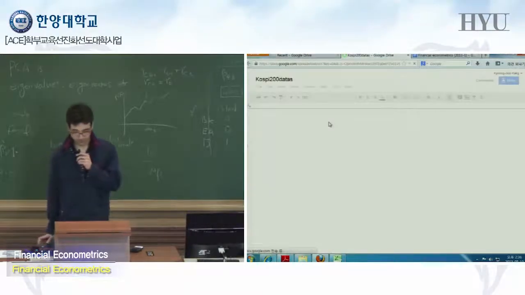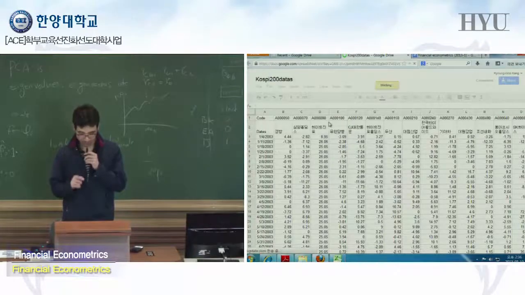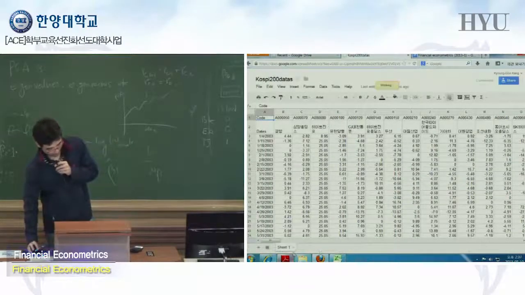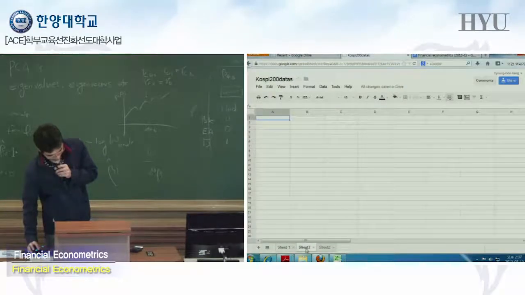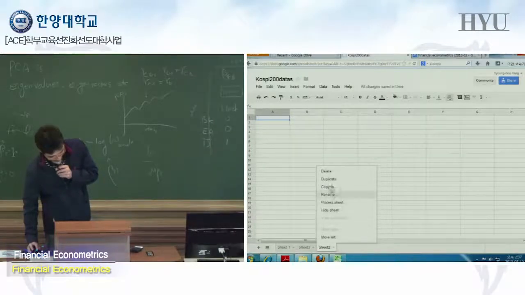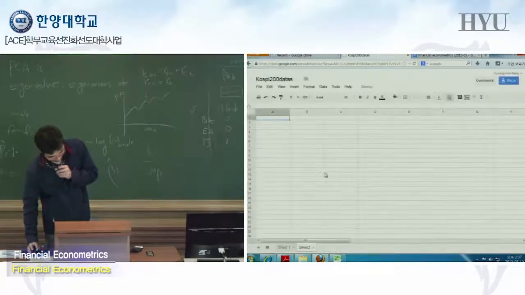So, they are names of the firms. So just in case, I'll add another sheet. Add sheet. Delete.